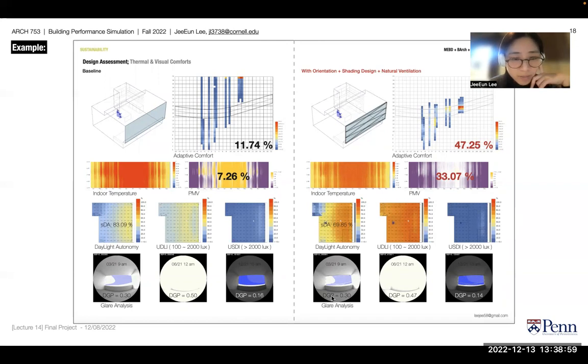Since I didn't have a lot of space, I just selected some of the glare analysis, and this one couldn't be below 0.35, but this was just practice, I guess.